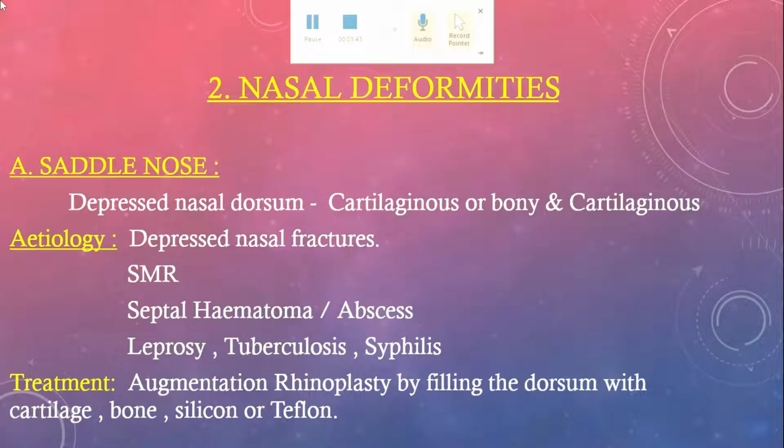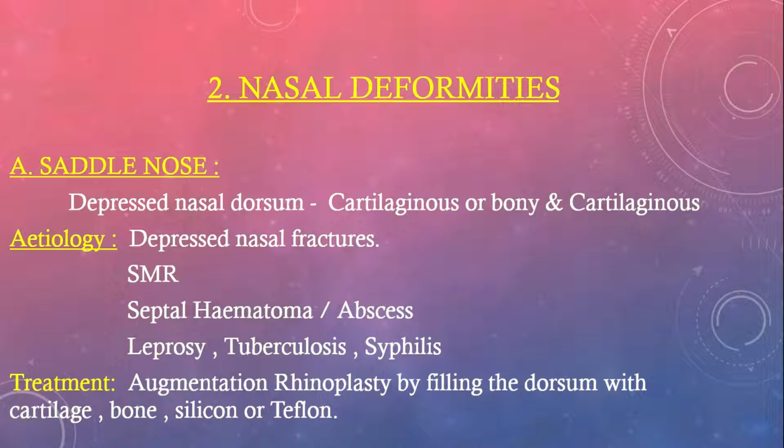Now, next we talk about nasal deformities, and among the nasal deformities, first of all, we talk about a saddle nose. Now, a saddle nose is a depressed nasal dorsum, which could be either cartilaginous or bony and cartilaginous together.